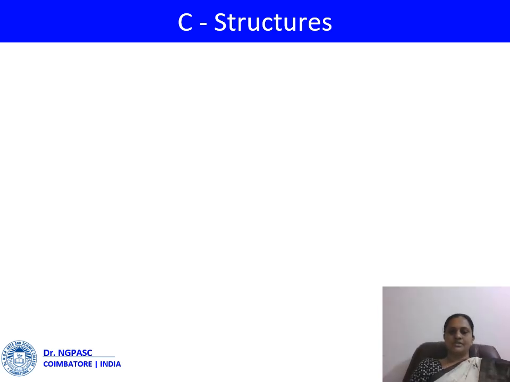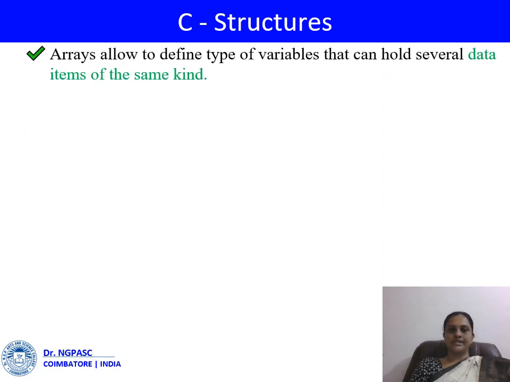To start with, first we will see what an array is and where we can use it. Usually an array is used to store a number of data items of the same data type, right? Consider a normal variable, for example int a, which means the compiler will allocate 2 bytes, because the size of an integer is 2 bytes, and a single integer value can be stored in that variable.